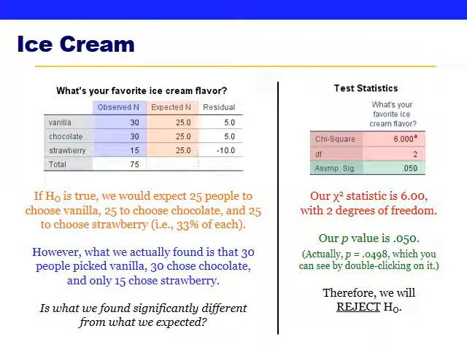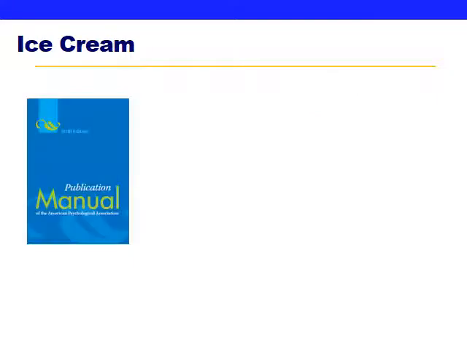Therefore, we are going to reject the null hypothesis. In other words, our null hypothesis said that vanilla, chocolate, and strawberry were all equally popular ice cream flavors. However, we are going to reject that. And our conclusion is going to be that in our class, they are not all equally popular ice cream flavors. Strawberry is less popular than vanilla and chocolate.